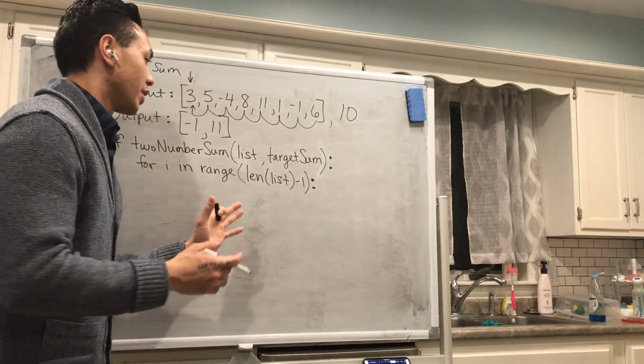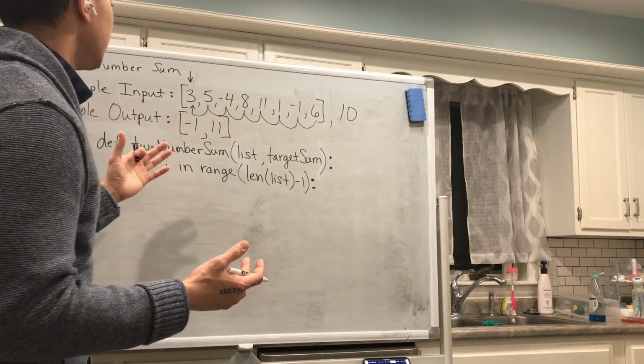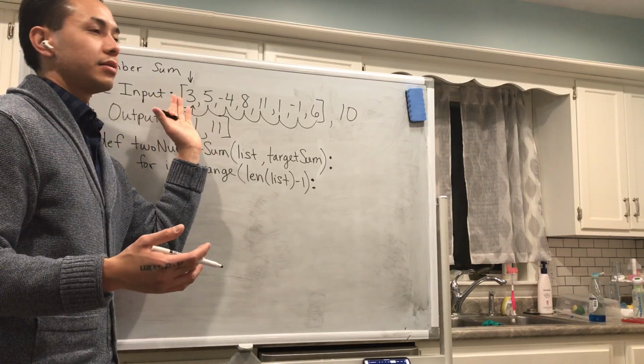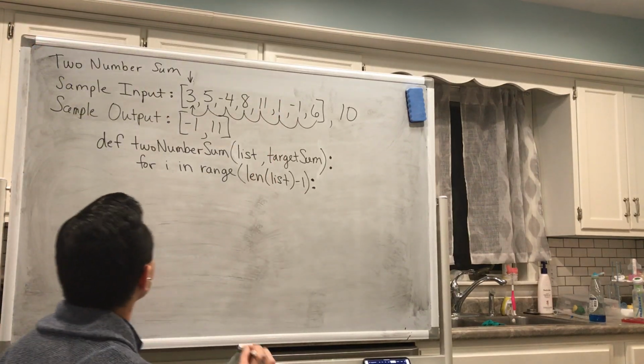Now we need to declare a variable that we talked about. It's going to be called first num. It's going to give us access to each item in the list the first time. So we use the access.